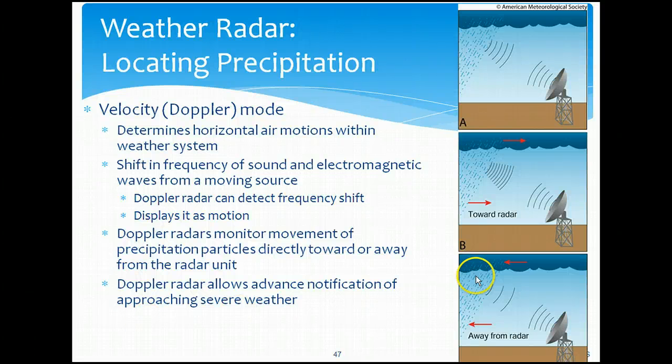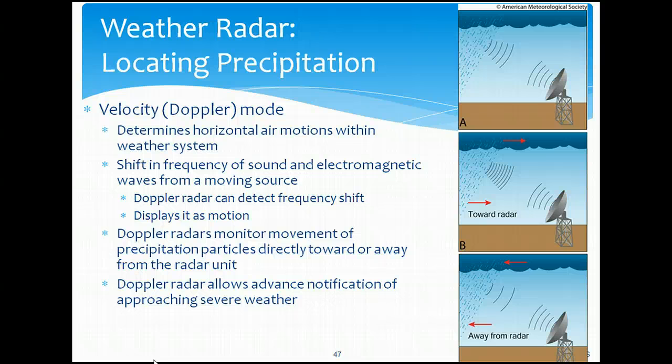The diagram on the right-hand side of the slide indicates Doppler radar operating in three different weather situations. With a stationary rain shower, the frequency of the return signal is the same as that of the emitted echo. In B, if the rain shower approaches the radar, the frequency of the return echo is greater than that of the emitted signal.